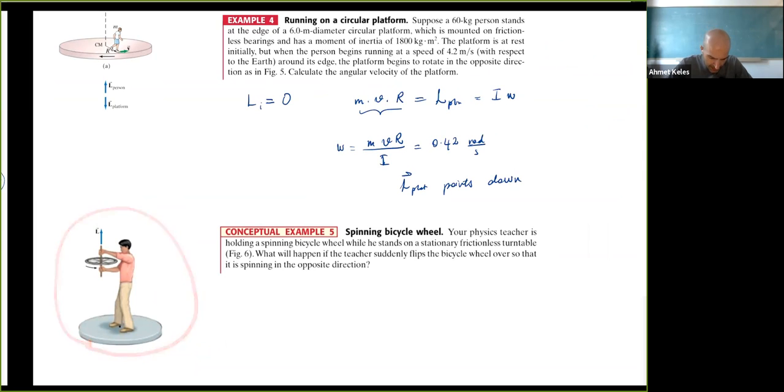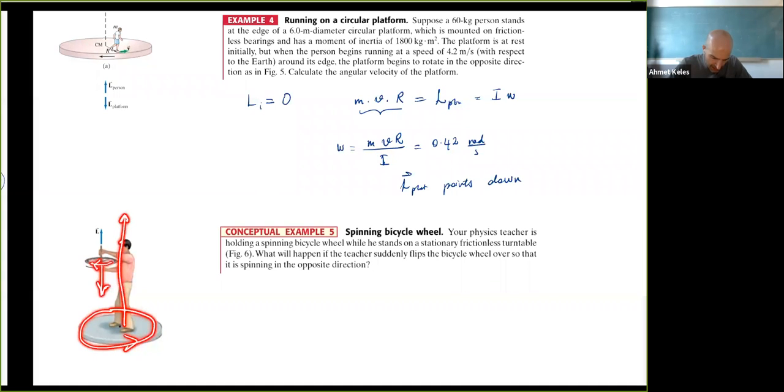So when he flips, initially it's rotating this way. So the right-hand rule tells me this. But if he flips, it's going to be rotating this way, and the right-hand rule tells me that it's going to be pointing this way. But I know the total angular momentum should be conserved. So something should compensate for this. And what will be compensating is this platform itself is going to start rotating along with the teacher. So then there will be an angular momentum in the opposite direction.